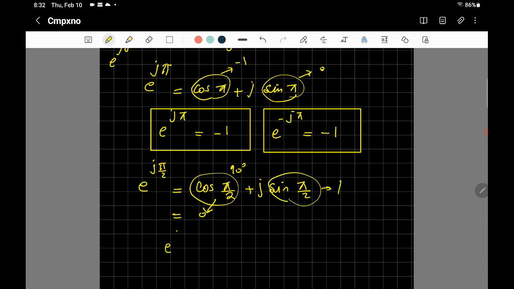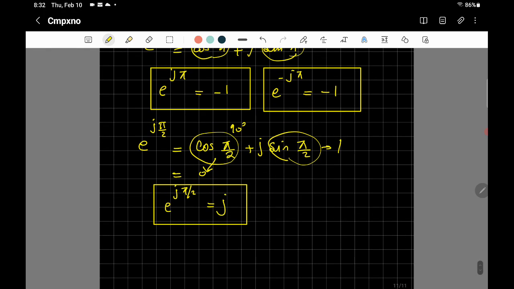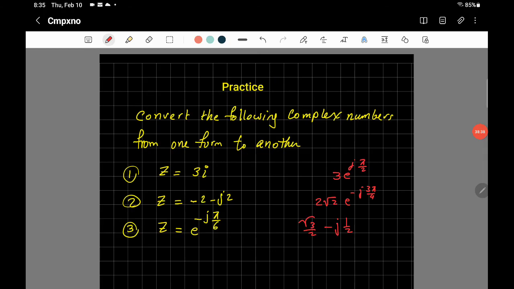So e to the j pi over 2 is equal to plus j times 1, which is j. So j is equal to e to the power j pi over 2. What if it was negative? If you have e to the power minus j pi over 2, we can do it fast because the only thing that will change is the sign. So it will be equal to minus j. These are special cases that are important that we know, to help a lot.